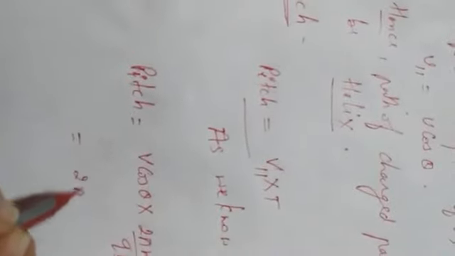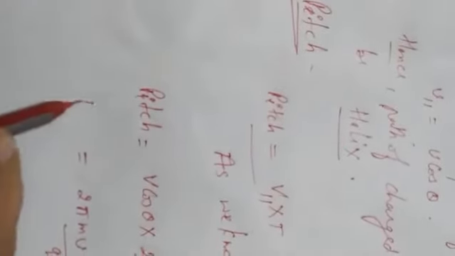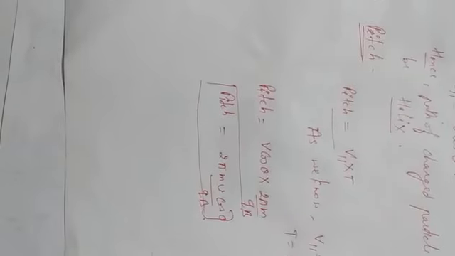Putting in these values, pitch equals V cos theta times 2 pi m by qB, which gives 2 pi m V cos theta by qB. This is our pitch, the distance between turns of the helical path.